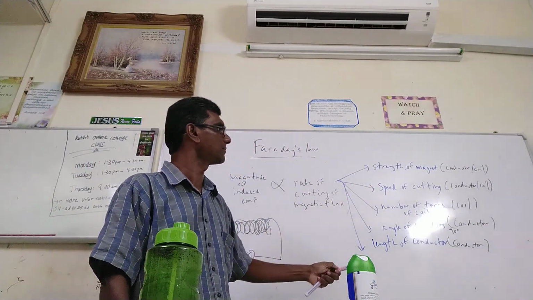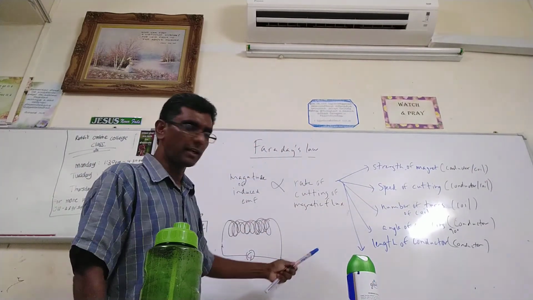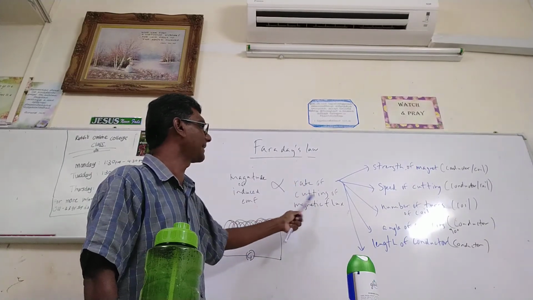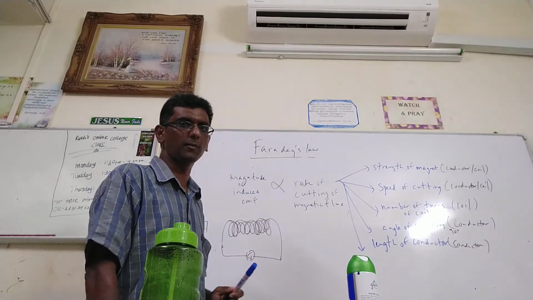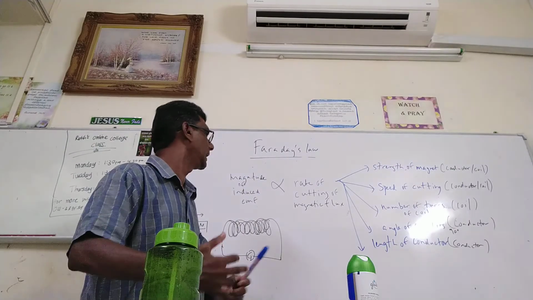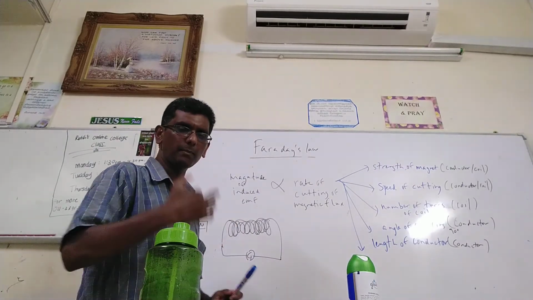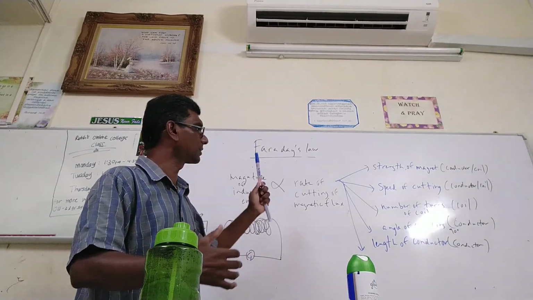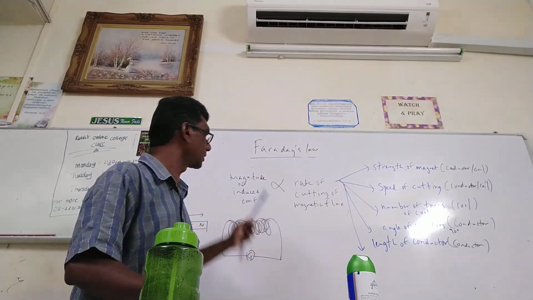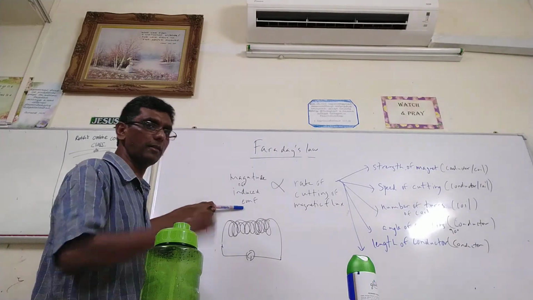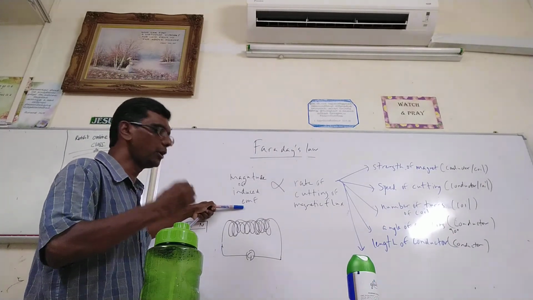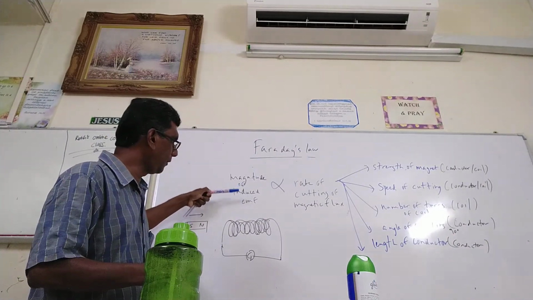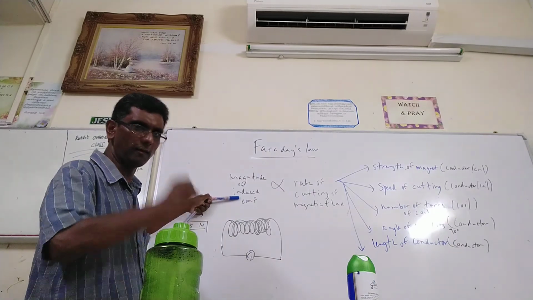These 5 factors influence the rate of cutting of magnetic flux, kadar pemotongan flux magnetik. It's directly proportional to the magnitude of induced EMF, the value of the produced voltage.